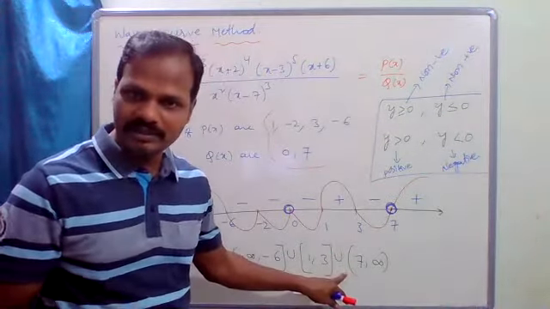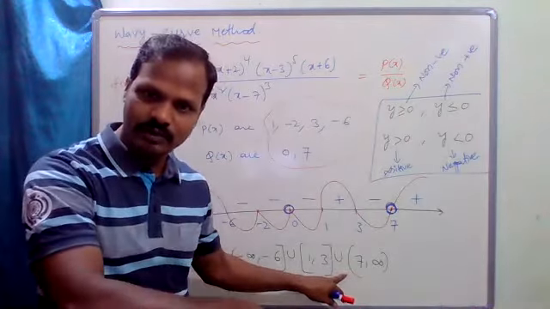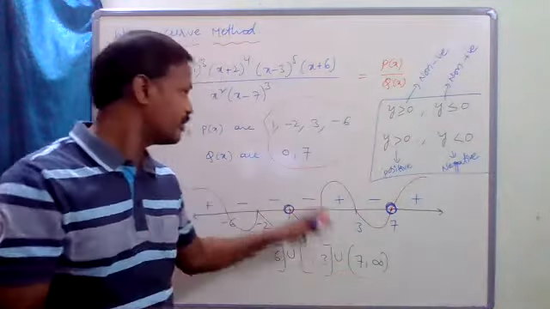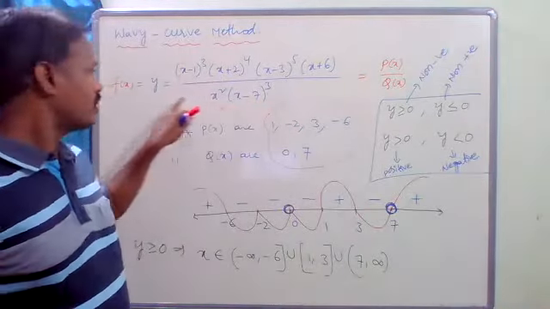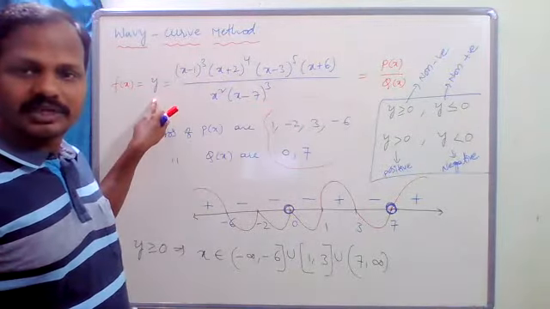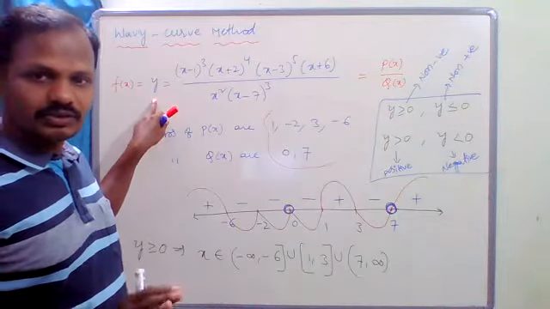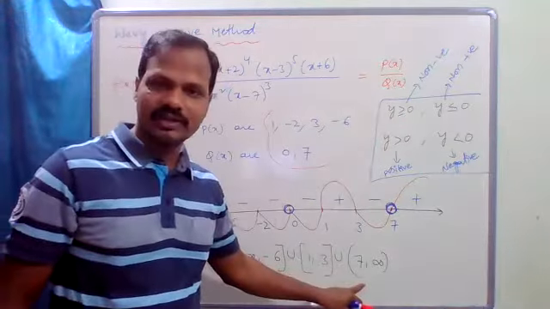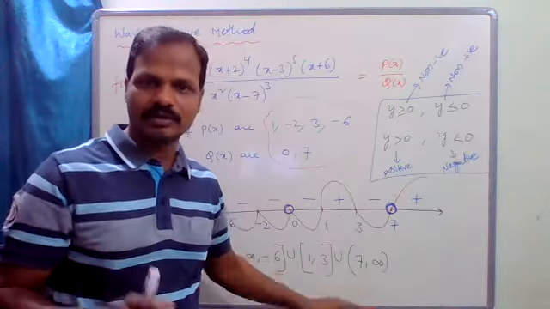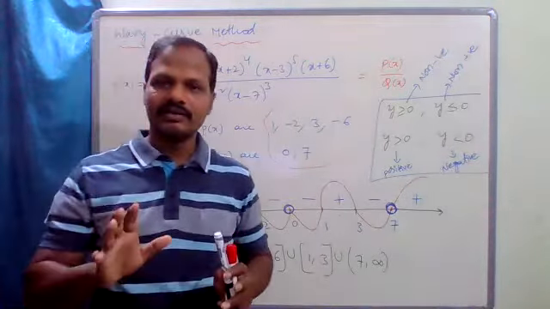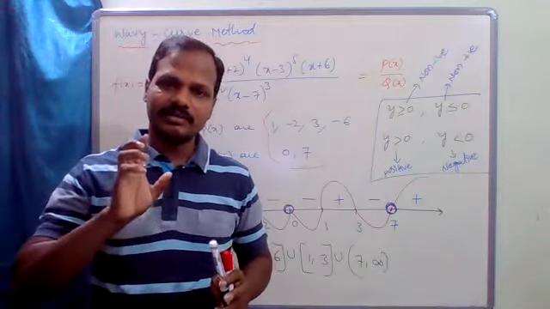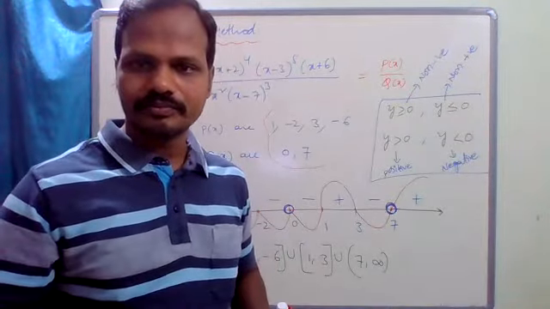If you write closed, it means 7 is included, and if you substitute 7, y becomes infinity. Remember this point: you should not use closed interval where the denominator becomes 0.